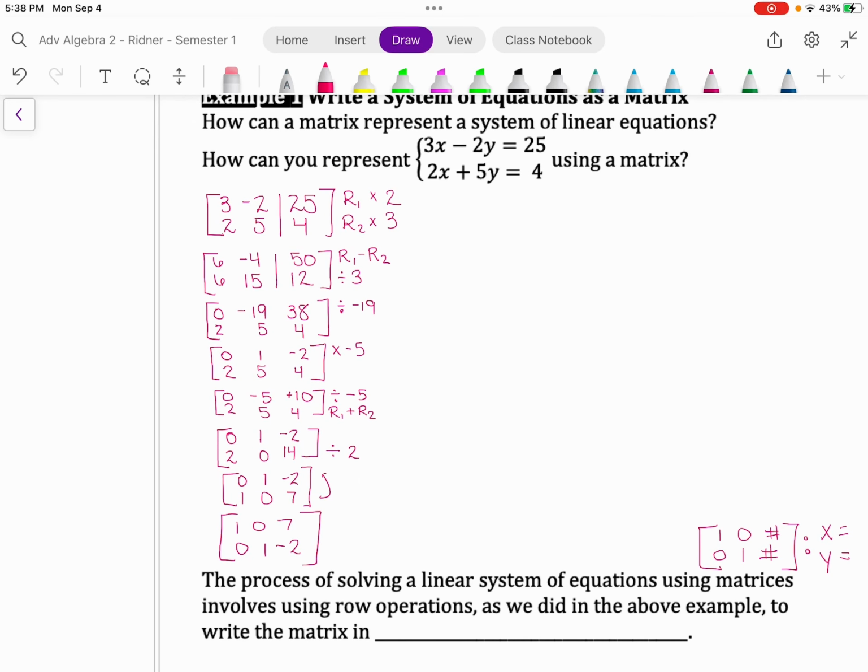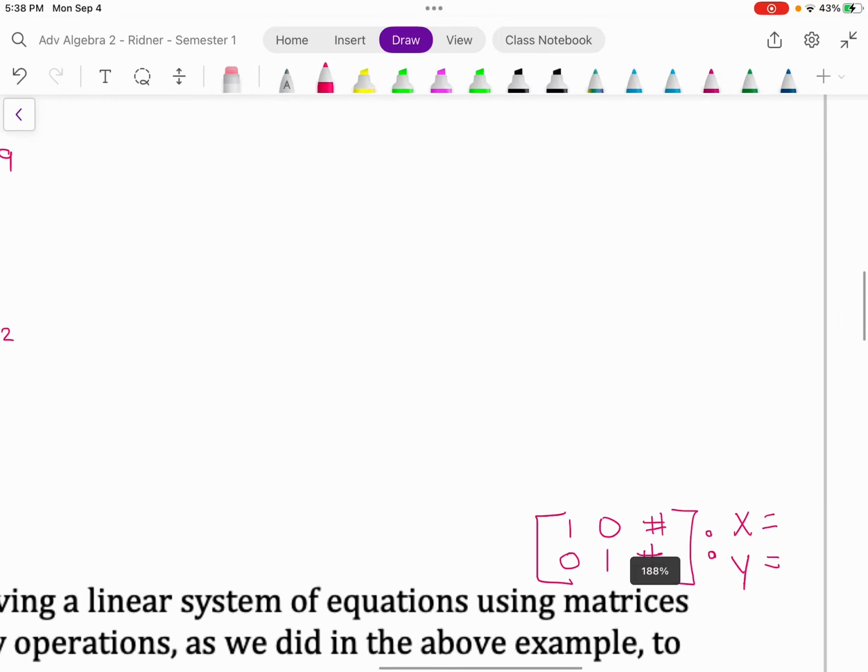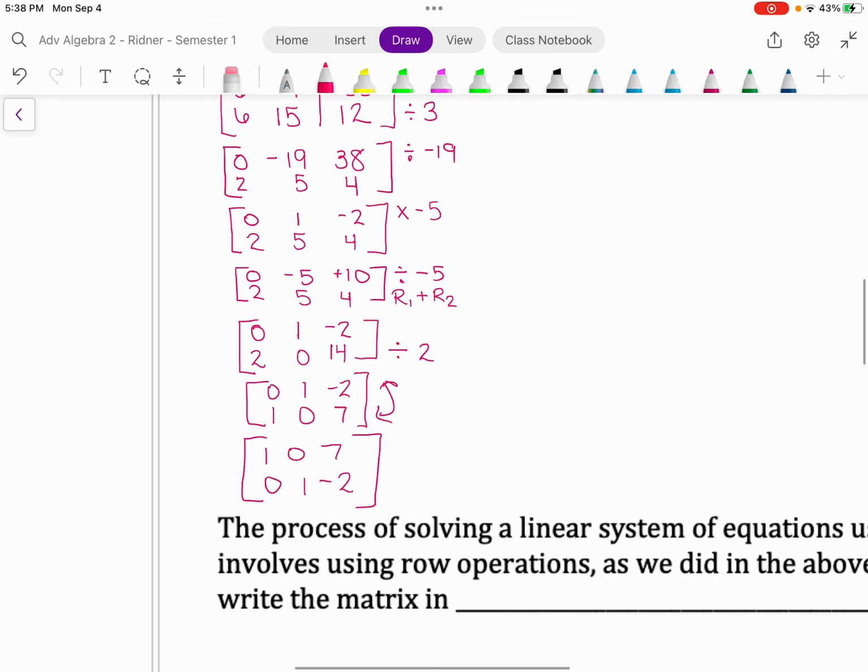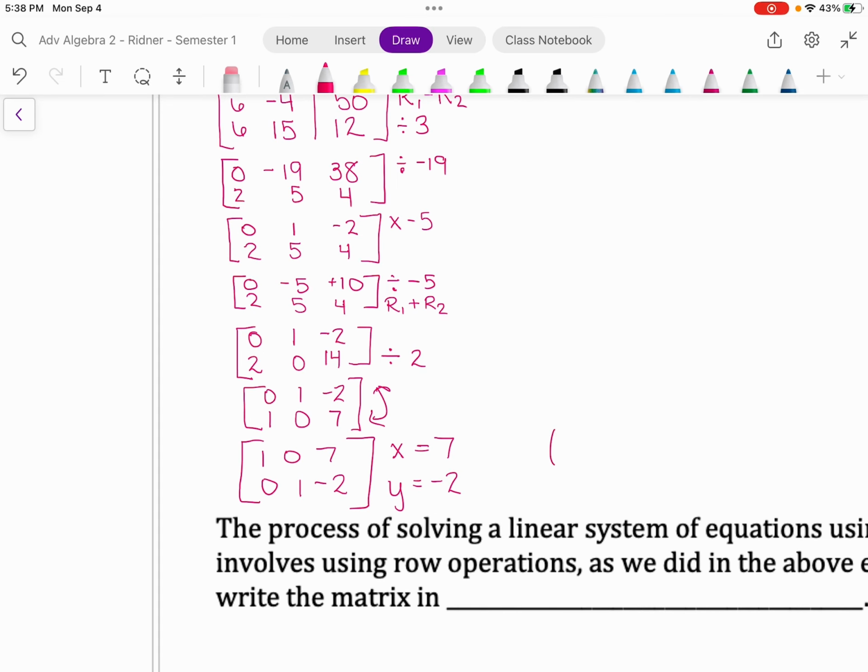Now notice that is how I wanted it to look. So what I wrote over here in the beginning, what I want it to look like. And what this means is that 1x plus 0y equals 7, and that 0x plus 1y equals negative 2. So I have found the solution to be 7, negative 2.